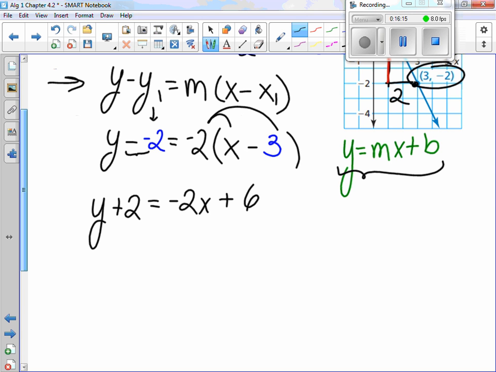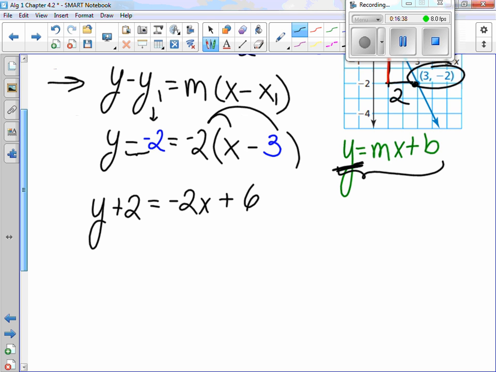What is with the y? What other values with y? What's on the same side of the equation as y? The 2, isn't it? Is that what we want? Well, no, we want y by itself.